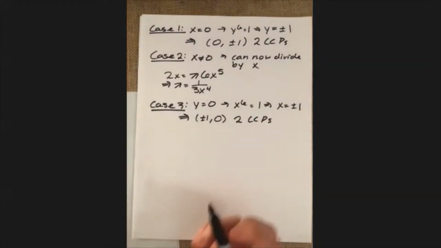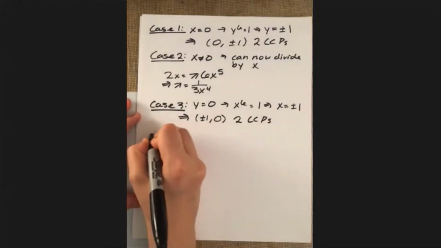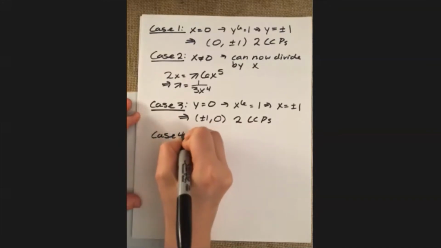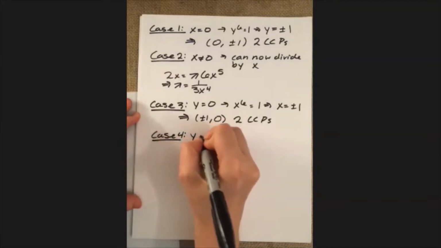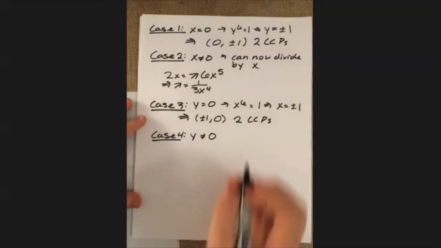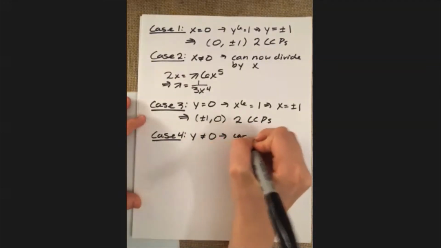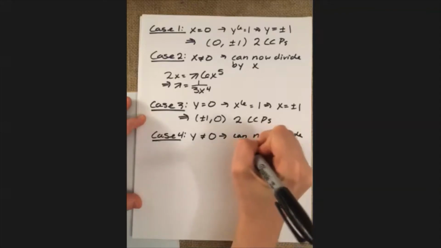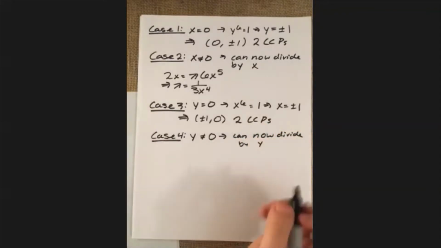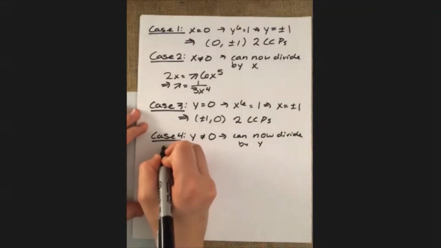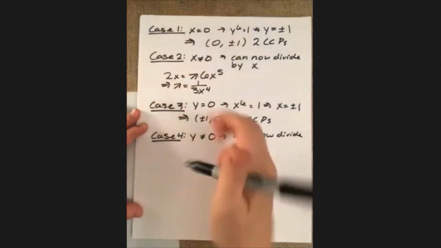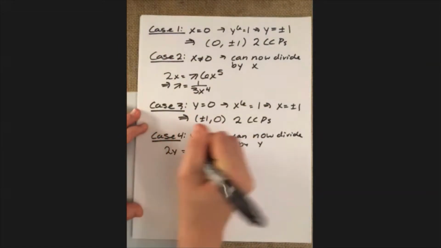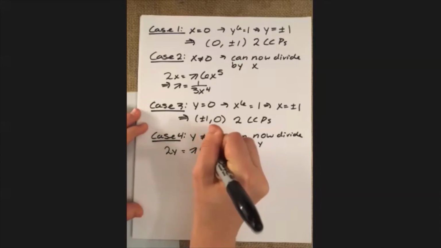All right. And now for our fourth and final case, we could have that y is not equal to 0. And that means that we can now divide by y. So what we're going to get then is, because we had that constraint equation, 2y is equal to lambda times 6y to the 5th.